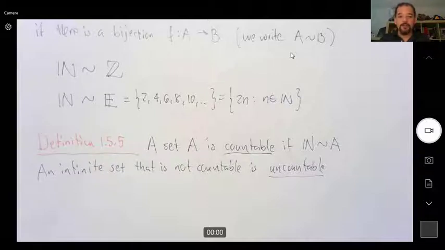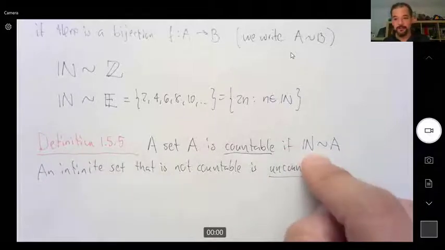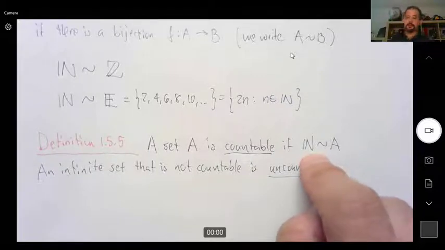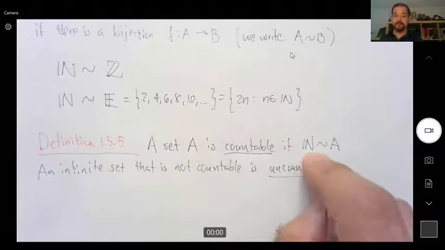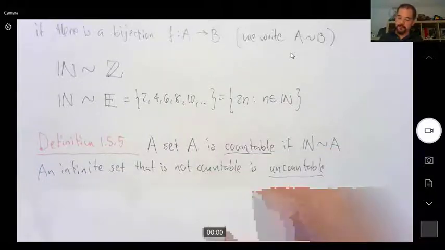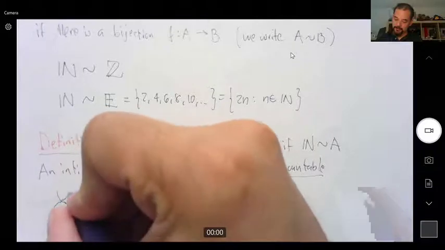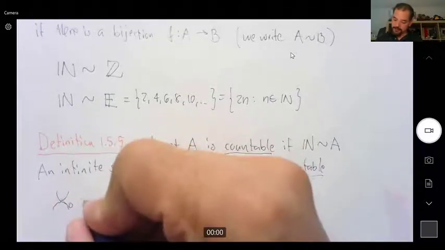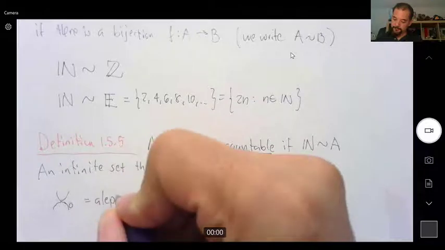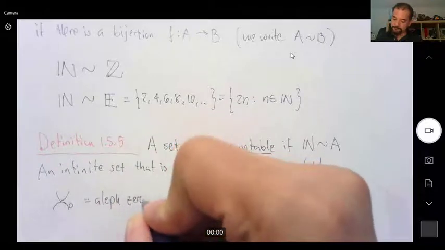We're not going to do this in this class, but if you were to take a set theory class where you looked at infinite sets, you would define cardinals, and the cardinality of the natural numbers is named Aleph 0. It's a Hebrew letter, Aleph 0.